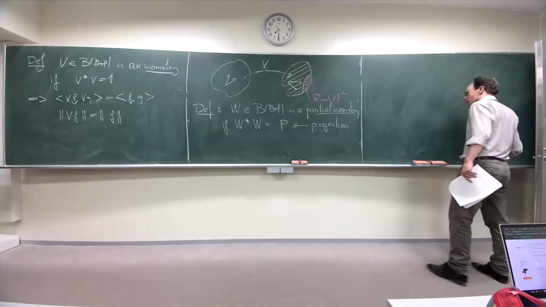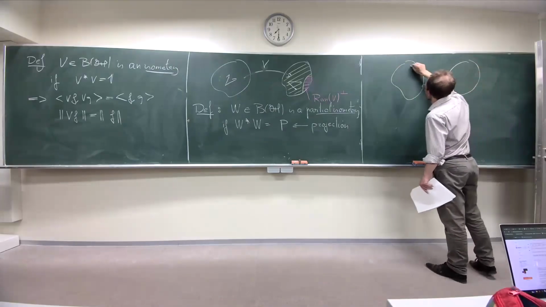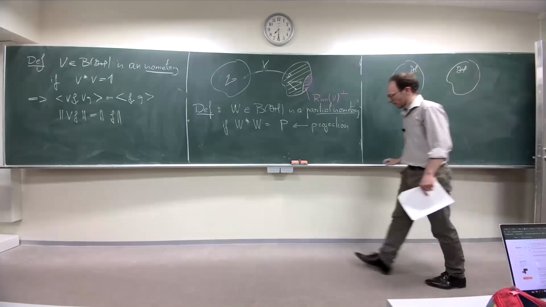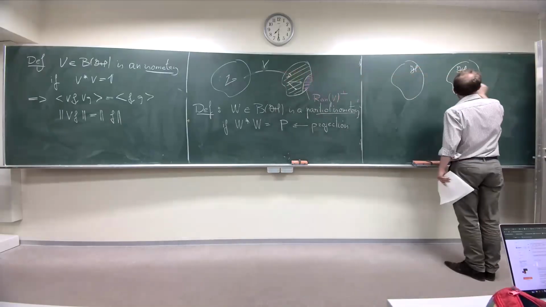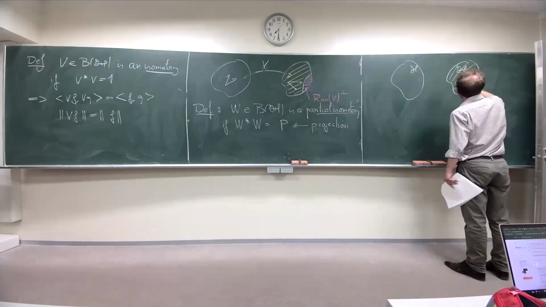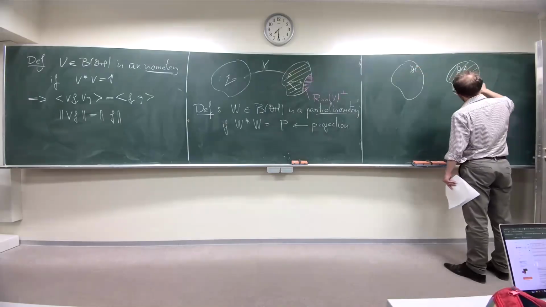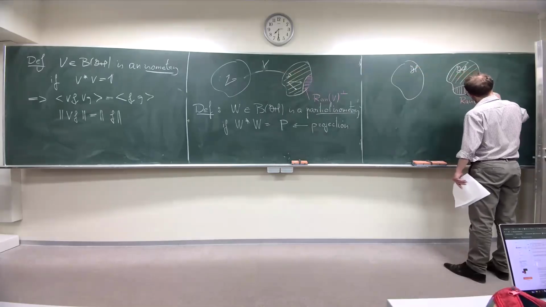How should I modify again this picture? This is H. The range is going to be the yellow part. This is orthogonal to the range.